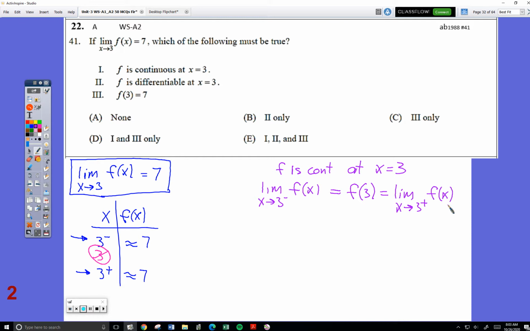So I would make a flashcard that looks just like that purple. What I mean by that is on one side of the card, you should write the first line in purple. On the back side of the card, you should write the second line in purple. The idea being that when you are taking Unit 3 tests, you read something about continuity, this flashcard needs to come to your mind.